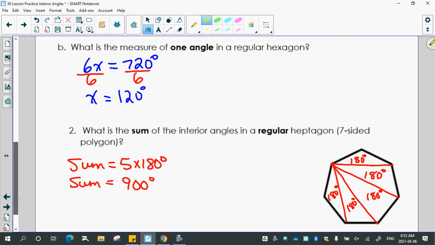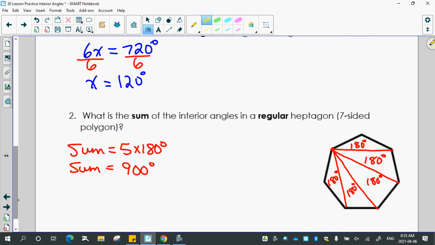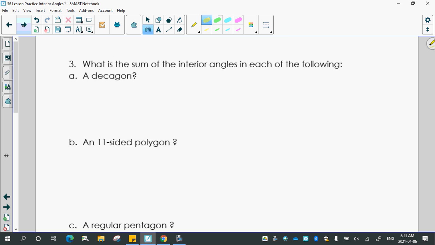When there was 7 sides, we could make 5 triangles. 7 sides, 5 triangles, 6 sides, 4 triangles. What's the relationship between number of sides and number of triangles?